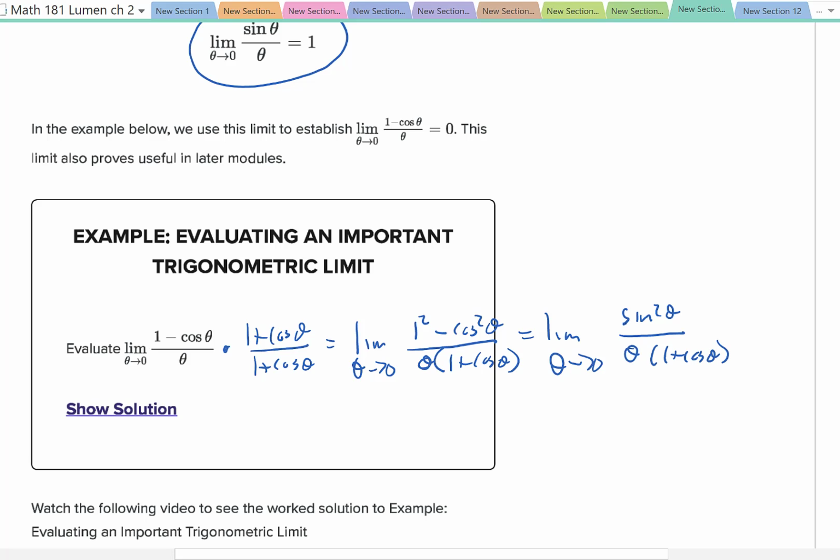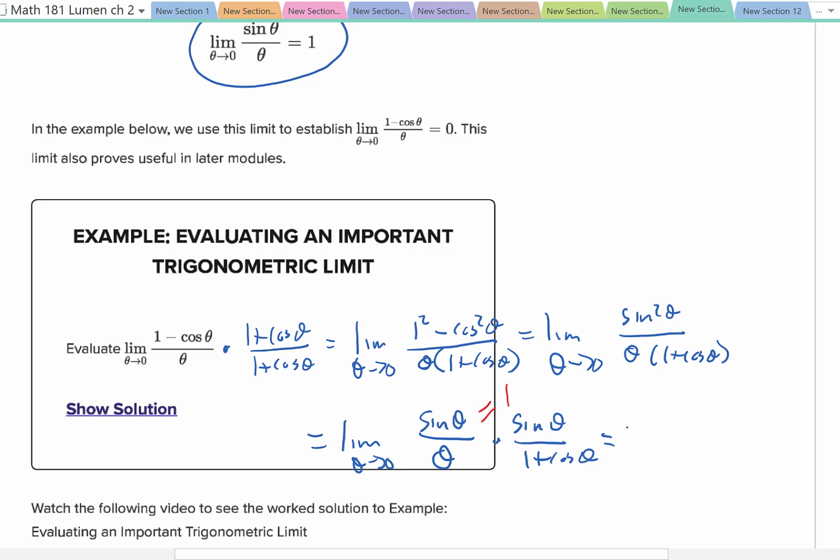Now that sine squared, we could split up and call it the limit as theta approaches 0 of sine theta over theta times sine theta over 1 plus cosine theta. This first part is just going to equal 1, so it's really the second part that we're after.